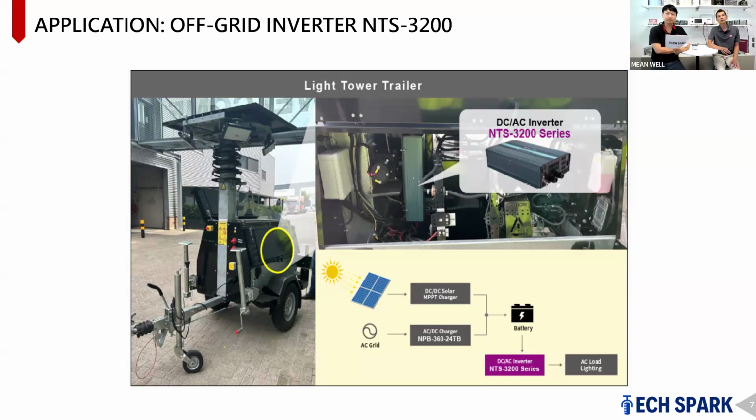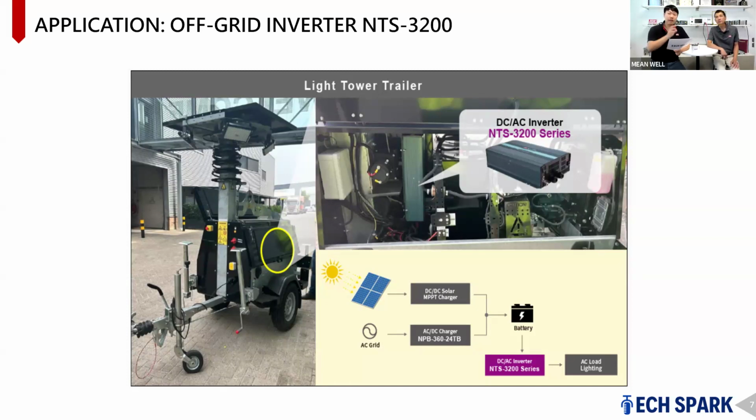The customer uses the NTS 3200 with the battery, and there is also a charger, MPP 360, to charge the battery. There is also a solar charger built into the cart, to power a construction light. This cart is used on the road, on the highway. You see it for workers to work at night, and then in the morning they recharge.